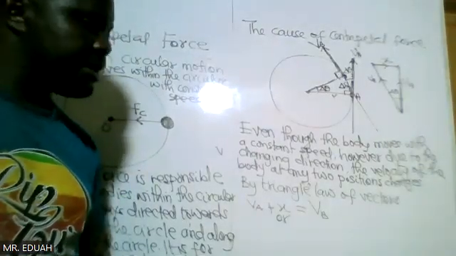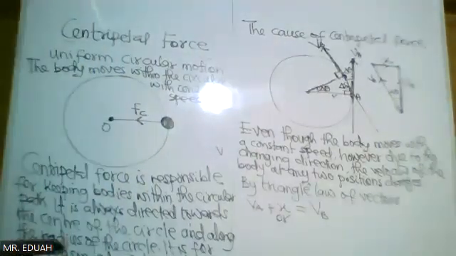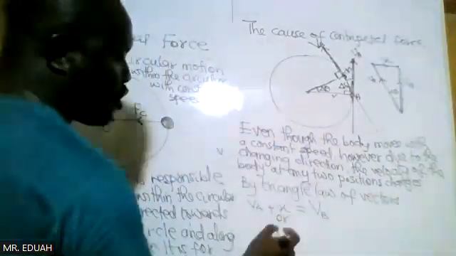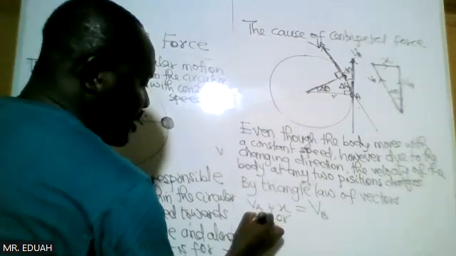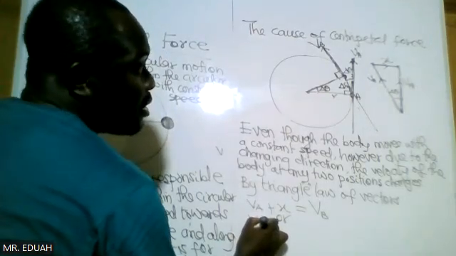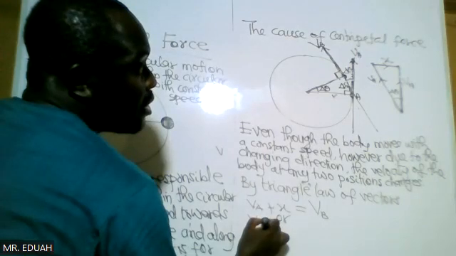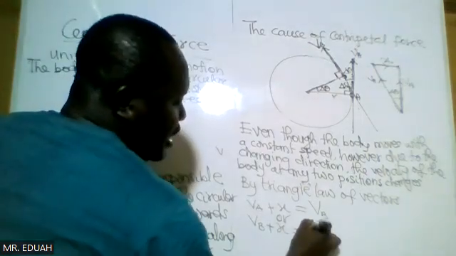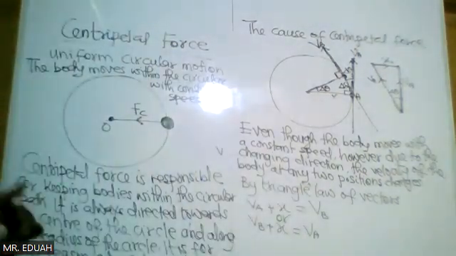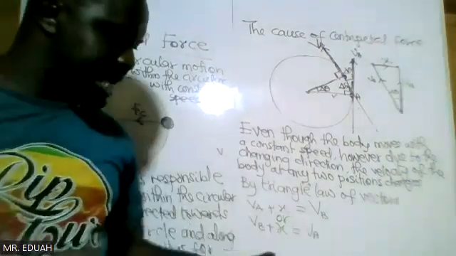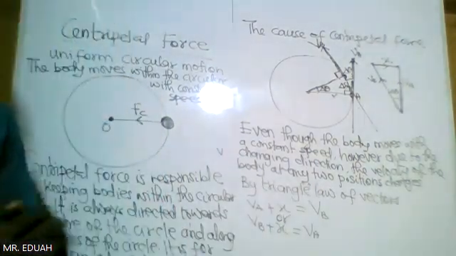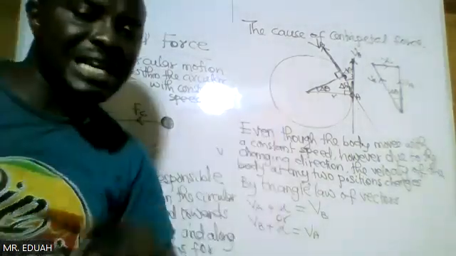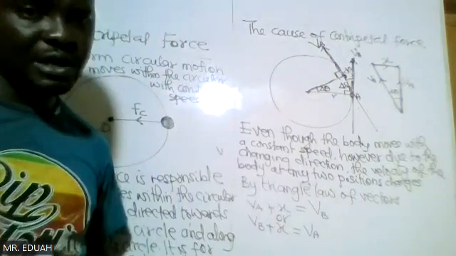We can argue that VA plus X is equal to VB, or VB plus X is equal to VA. With the triangle law of vectors, we are only following the directions to make sense out of it. Are you okay?